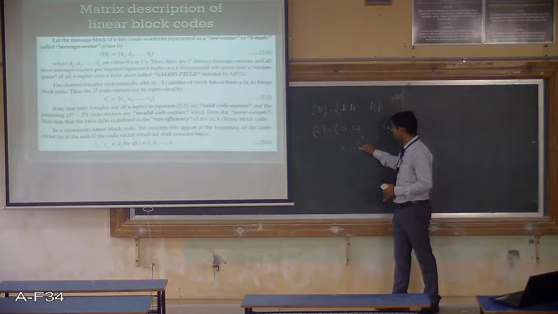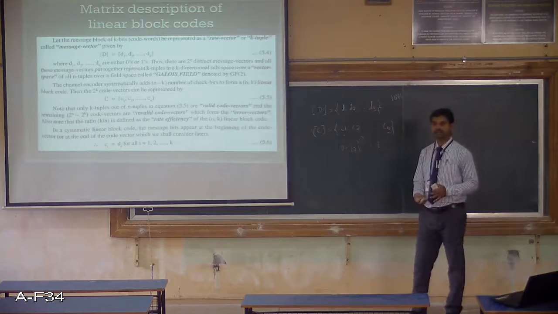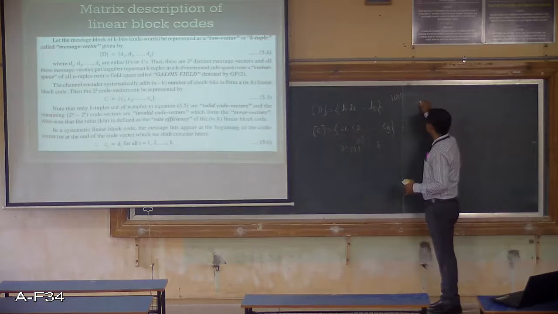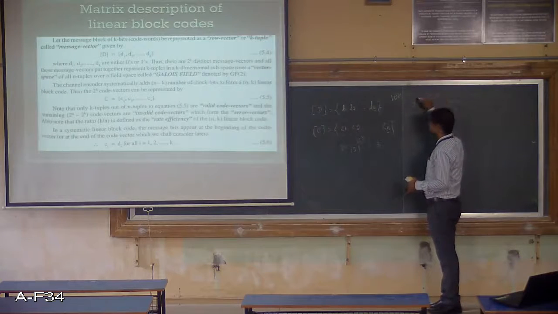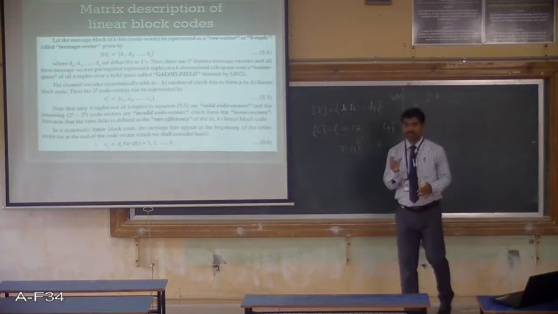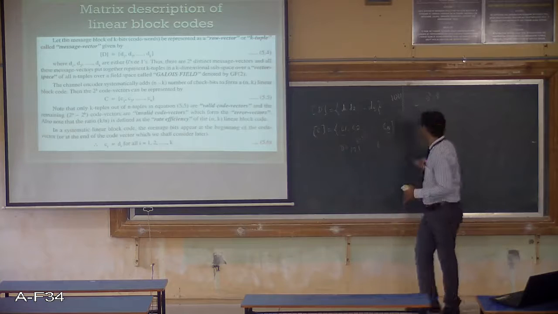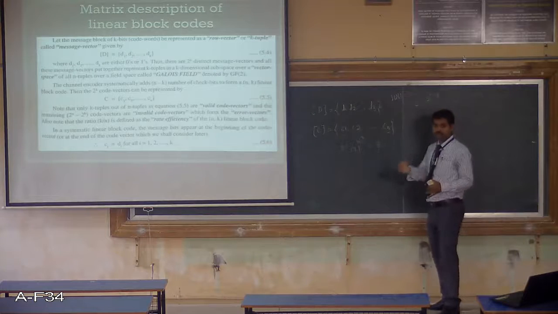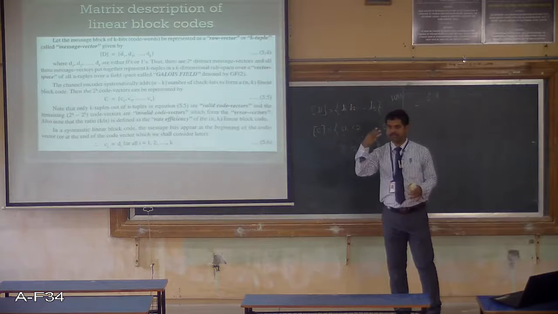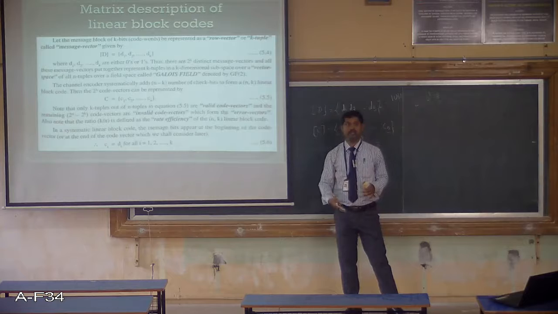So k is 3. Total number of data vectors is, sorry, 8. So your code vectors, the total number of codes you will get is 8, because for every information there is a definite code word. For a 3-bit information there will be totally 8 different messages, ranging from all zeros to all ones.